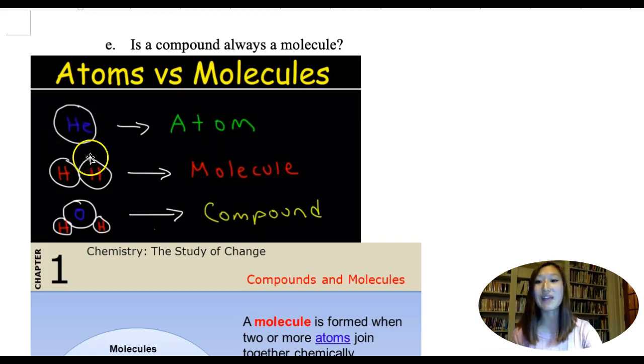For example, H2 is two hydrogen atoms bonded together using covalent bonds, but in the end they're still hydrogen atoms, so this is only a molecule. A compound needs two types of atoms, or two elements. For example, H2O has hydrogen and oxygen at the same time, so you will call it a compound.